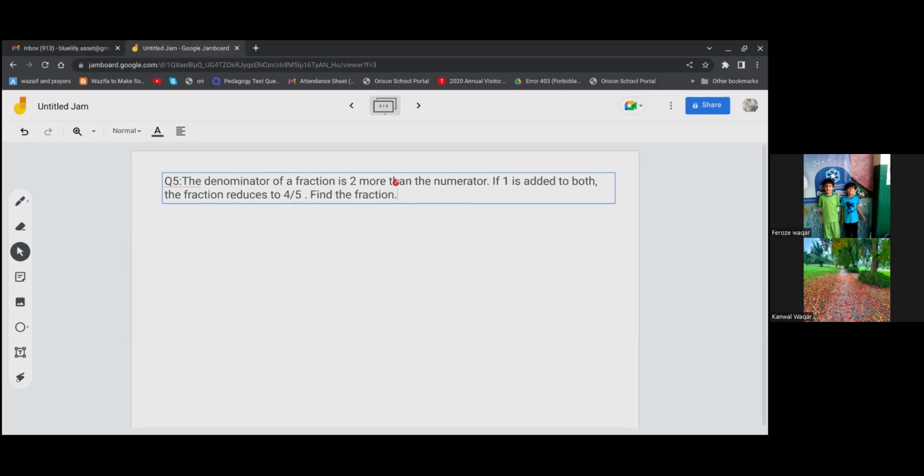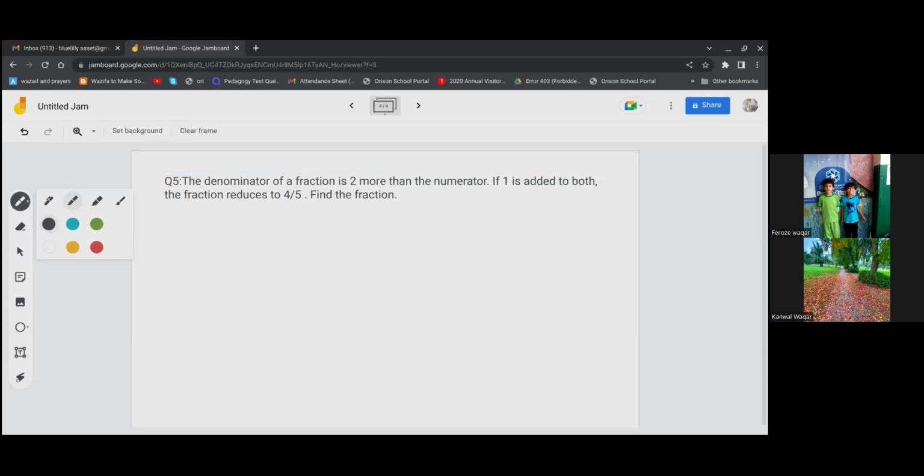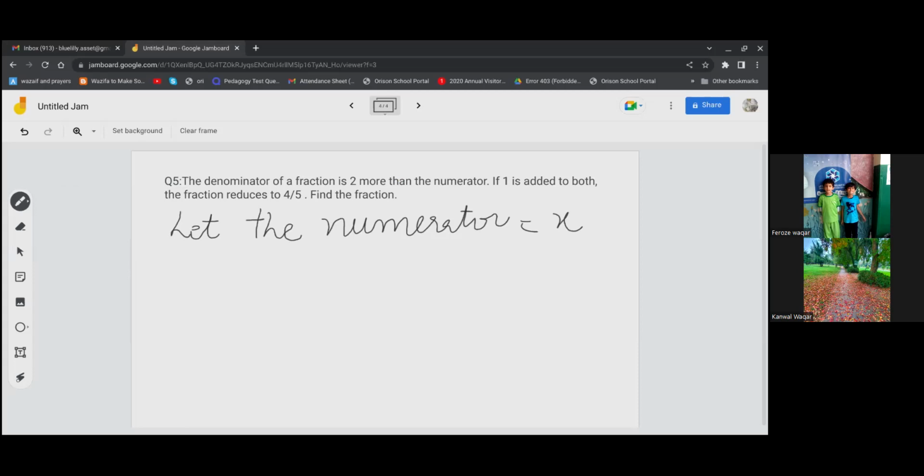In this question, first of all, every fraction has a numerator and a denominator. So we say let the numerator be x.